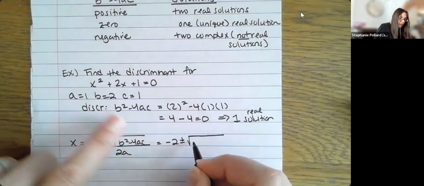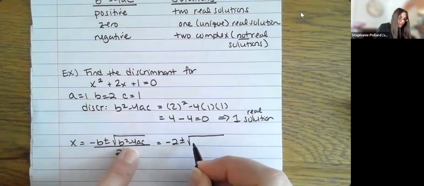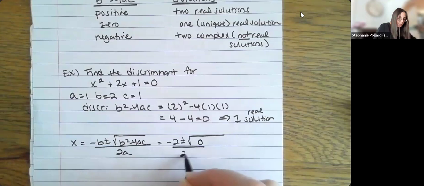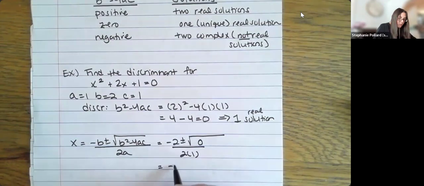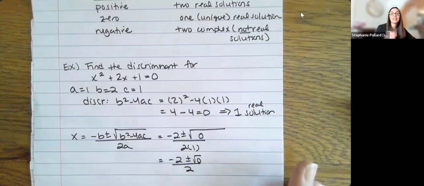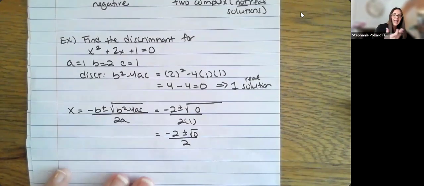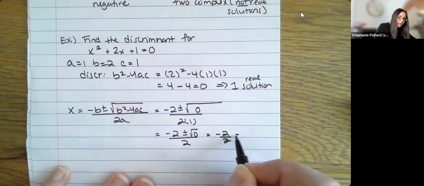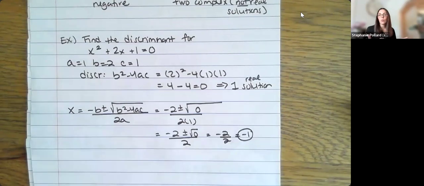Again, we already saw that b squared minus 4ac is going to be 0. So I'm going to kind of skip this piece here over 2 times 1. So you have -2 plus or minus root 0 over 2. Now, root 0 is just 0. So adding and subtracting with 0 is not going to affect anything here. So this ends up just being -2 over 2, which is -1. So when your discriminant is 0, you have only one solution.